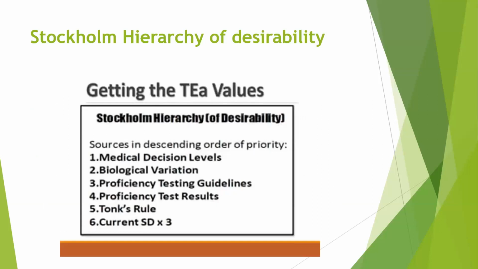The Stockholm hierarchy says the first thing is to look at specific clinical situations and assess how the analytical performance will affect specific clinical decisions. That's why the first importance is given to medical decision levels. The second is given to biological variation, because the Stockholm rule said to look at general clinical situations: the biological variation of an analyte as compared to how large an imprecision or a bias can be.